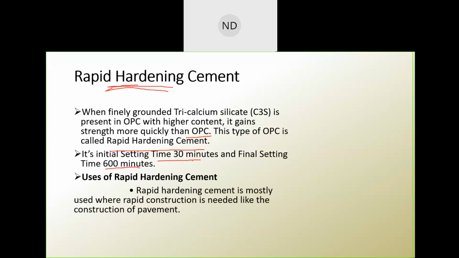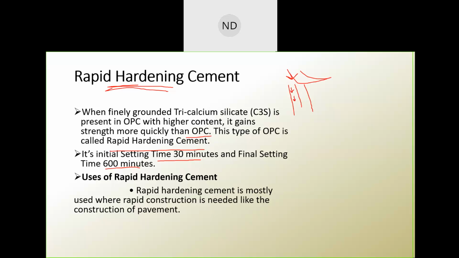Rapid hardening cement is mostly used when rapid construction is needed, like construction of pavement. Suppose you have to construct a pavement and you want the flow of traffic also. When you are constructing this pavement, the traffic flowing from this side you will have to either divert somehow, or give a barrier here and ask all the traffic to flow from this side.